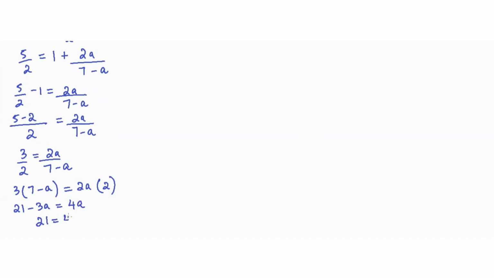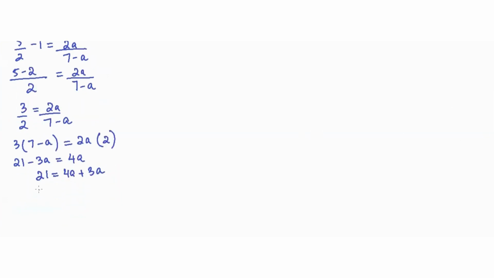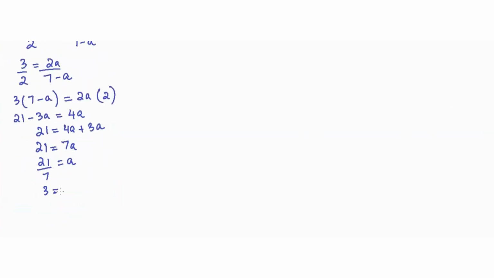21 equals 4a plus 3a, which is 7a. And we know that 21 divided by 7 is equal to 3. So your value of a is 3.